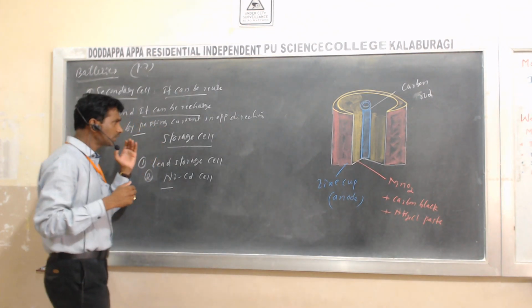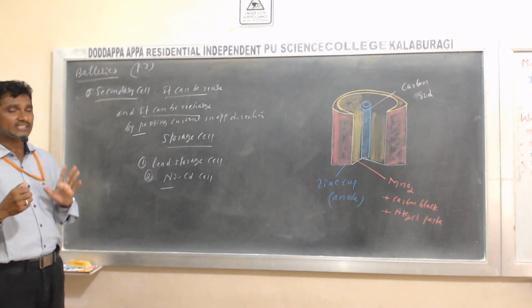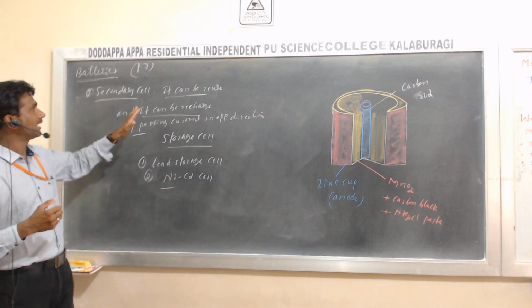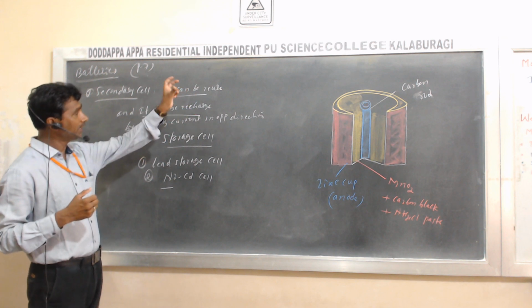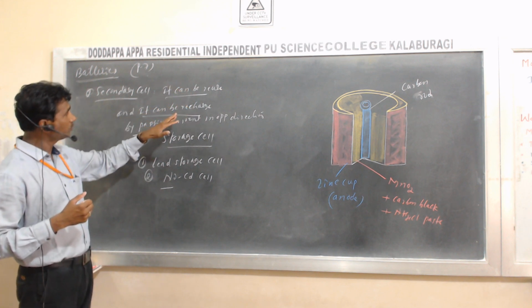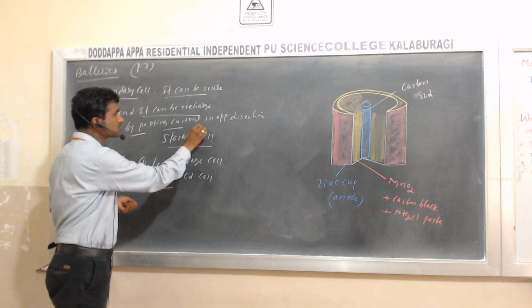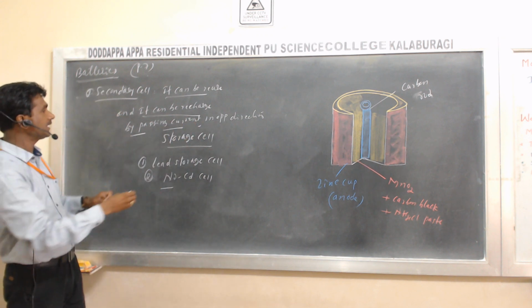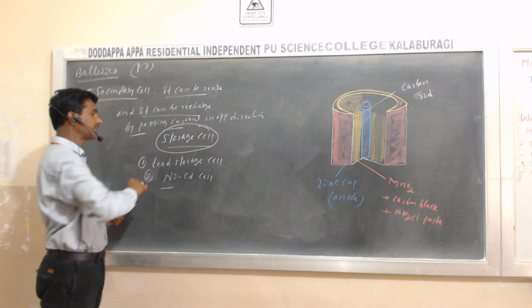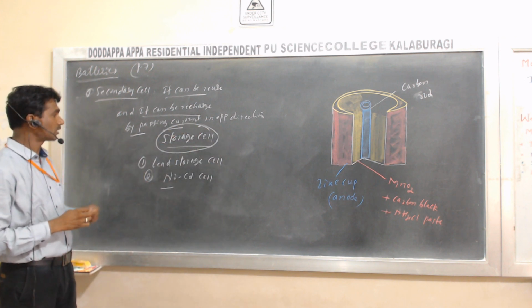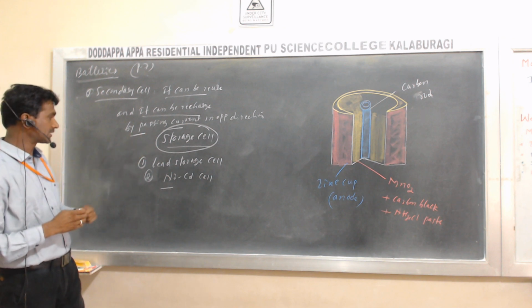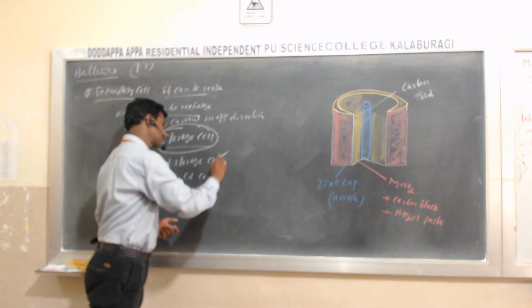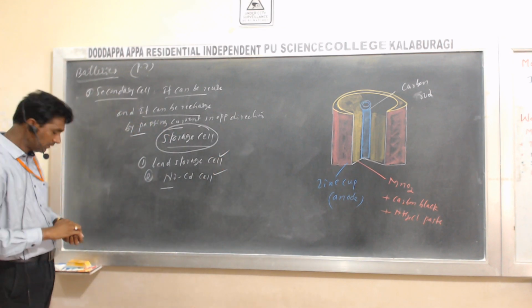The primary cell cannot be reused once the reaction takes place, but the secondary cell can be used, and after use it can be recharged by passing current in the opposite direction. It is also called a storage cell.